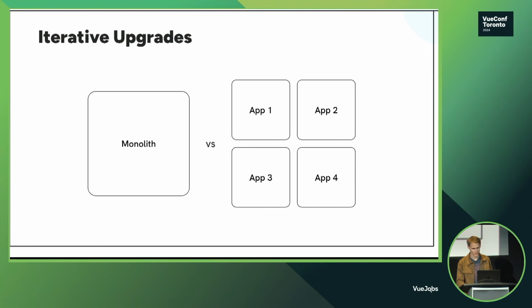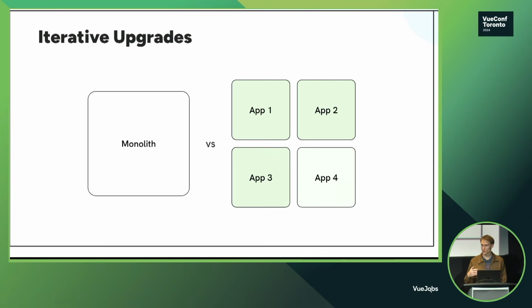But even still, it was a big undertaking. And for us, it resulted in a large PR, lots of work. Meanwhile, other work is happening on the side that had to get merged in from time to time. And it became quite a hassle to upgrade all of Vue and its dependencies within a single monolith.